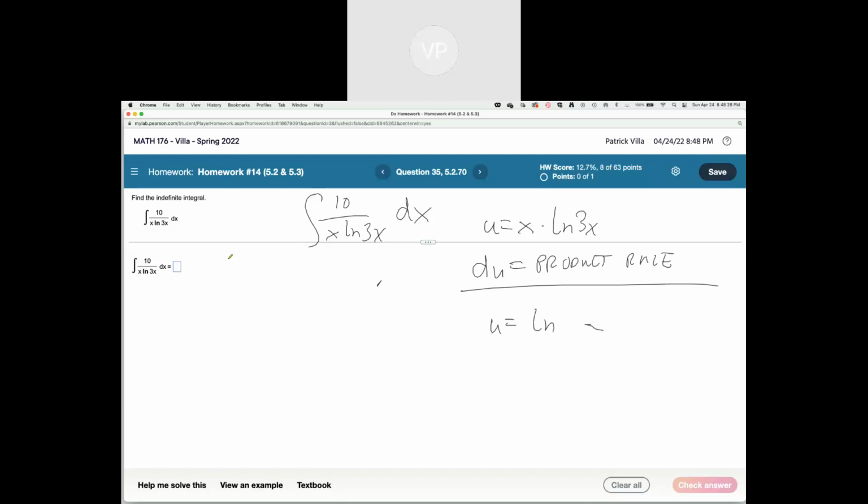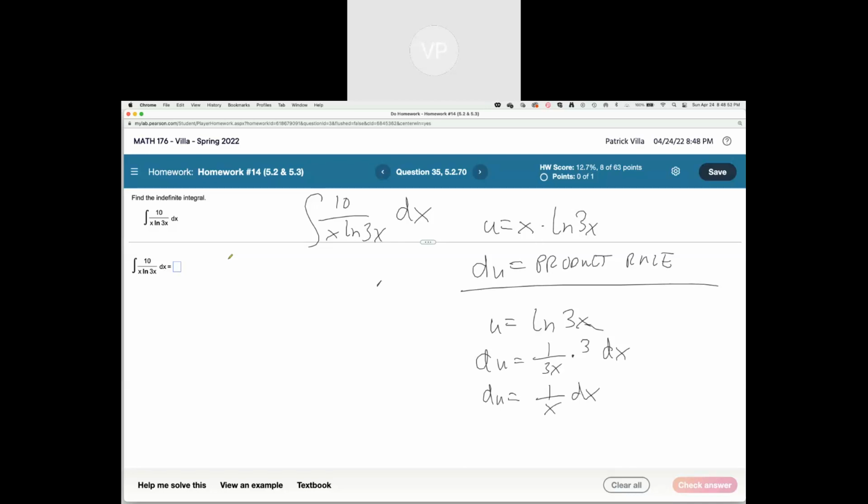Let me just get rid of the natural log part. So if I do that, well, the derivative of natural log, remember, is 1 over 3x, and then chain rule times 3 dx. du is 1 over x dx.